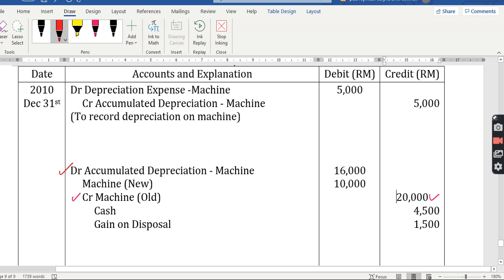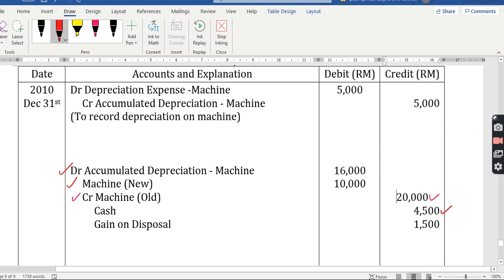You already calculated just now. I need to pay 4,500. So madam akan credit 4,500, bukan debit ya, because we are not selling the asset, we are trading in the asset. So this amount is what I need to top up to get the new asset. Saya beli mesin baru, so I will debit 10,000 ringgit.